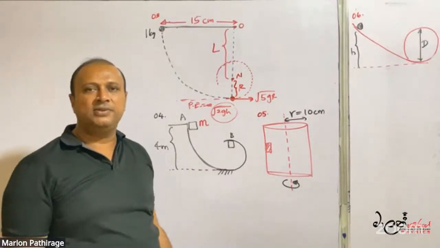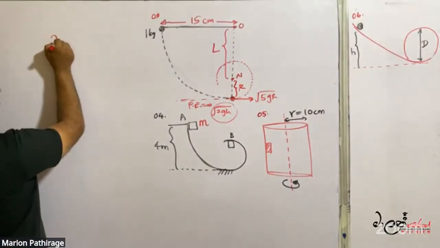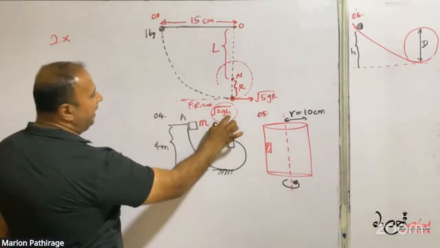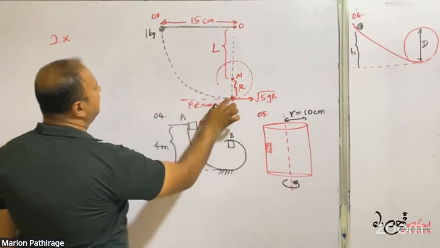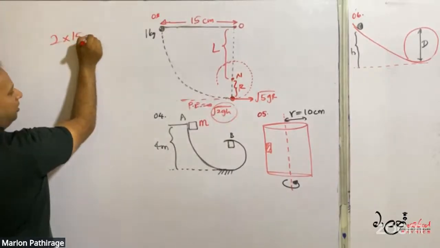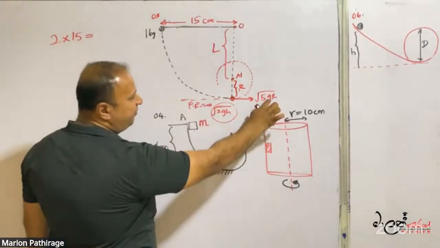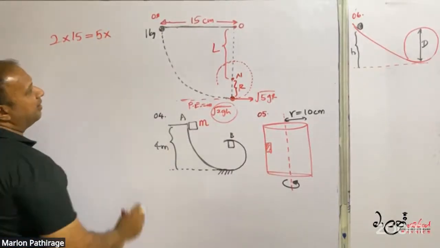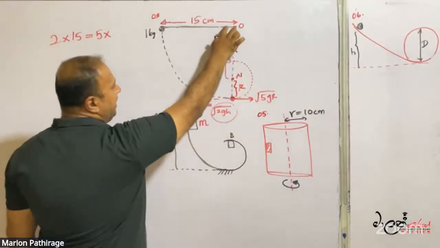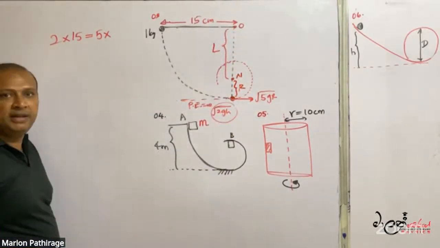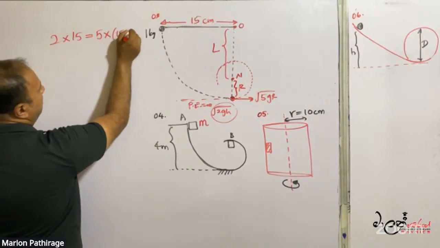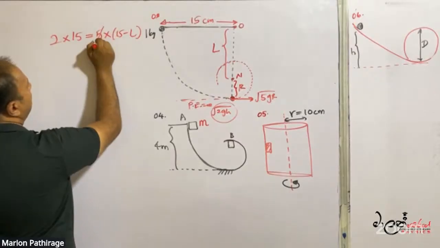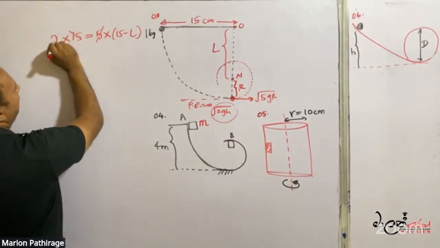Therefore, definitely 2 into g will be cancelled out. No need to write it down again. H means this height, that means 15 centimeter, should be equal to 5, g will be cancelled out, 5r. 5 into r, r means L minus 15, that is 15 minus L, because you need to determine L. This one will be cancelled out to 3.